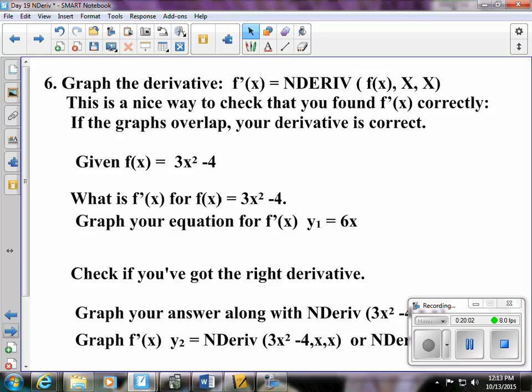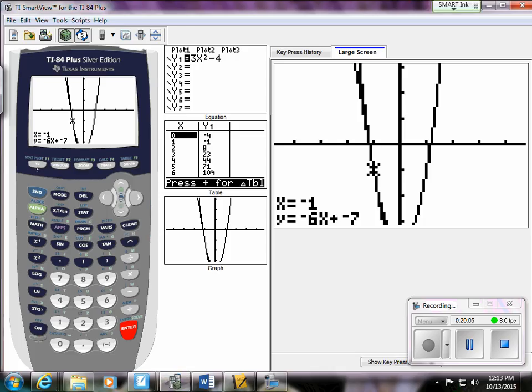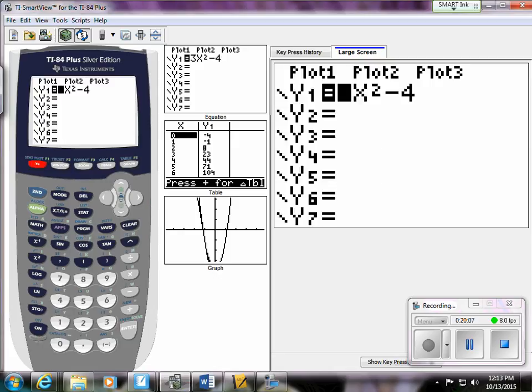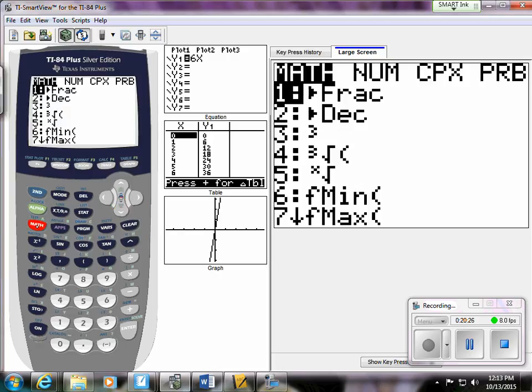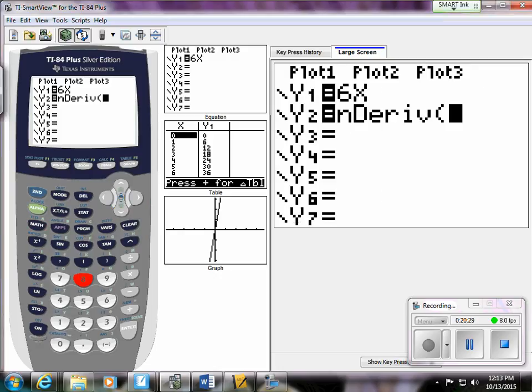I'm going to go to my calculator. So you put your guess for the derivative in y1, 6x. And what you do is you ask the calculator to graph the derivative in y2. So in y2, you're in your graphing screen, hit math 8, the function, which was 3x squared minus 4, comma x, and here's the key part.